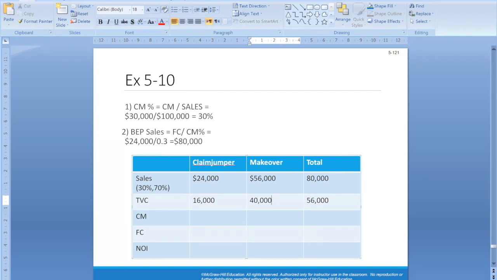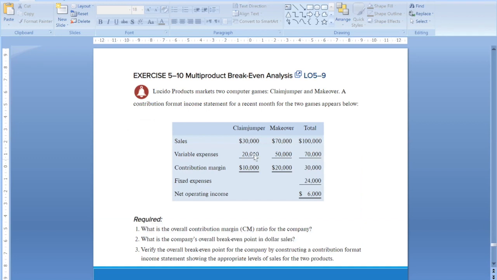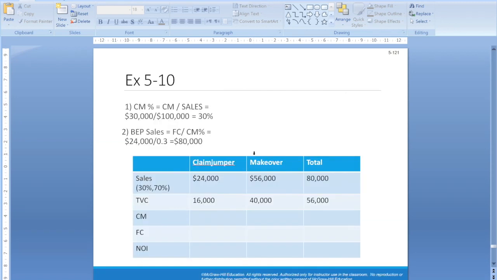So you can say 20 out of 30 is the percentage of the specific sales, the claim jumper sales. So we can say 20 out of 30 times the 24,000, which is valid. The percentage of variable expenses is 20 out of 30. Variable expenses 20, sales 30, multiplied by the new sales, which is 24,000. This equals also 16,000.